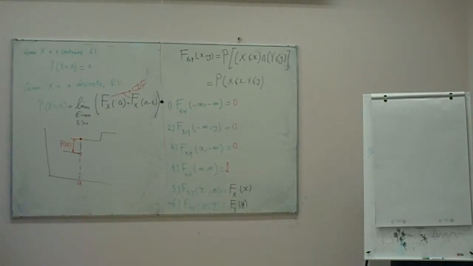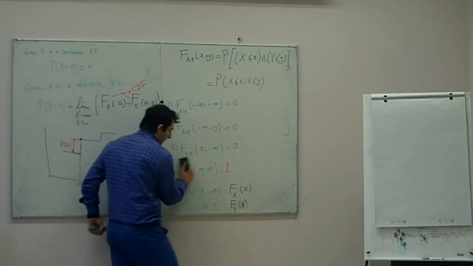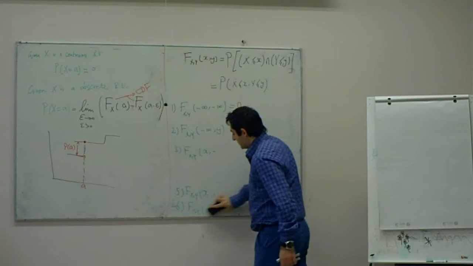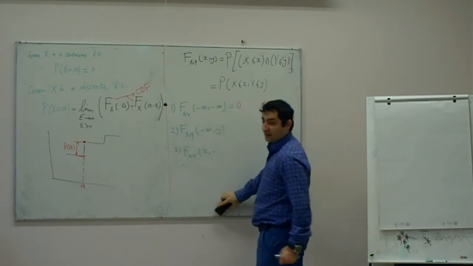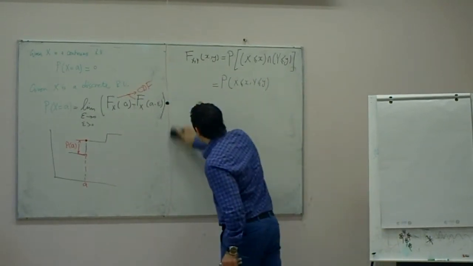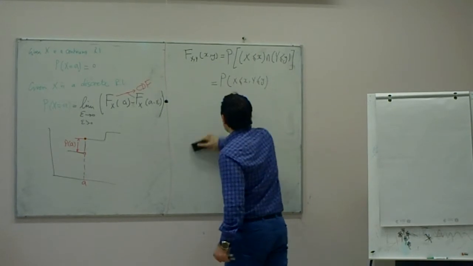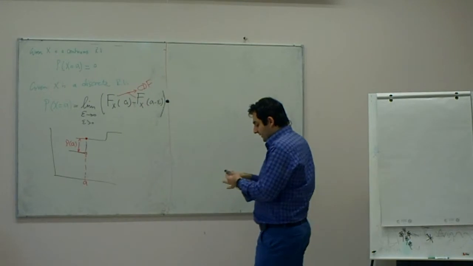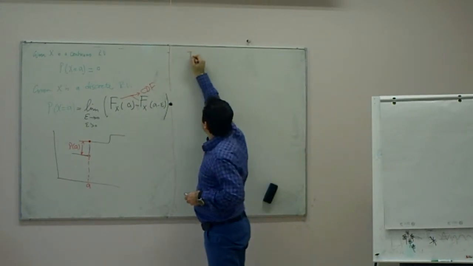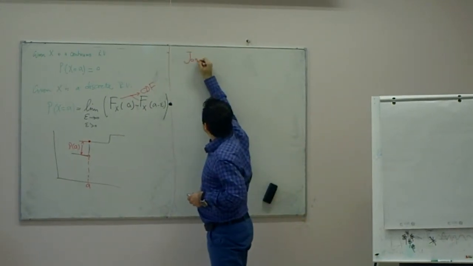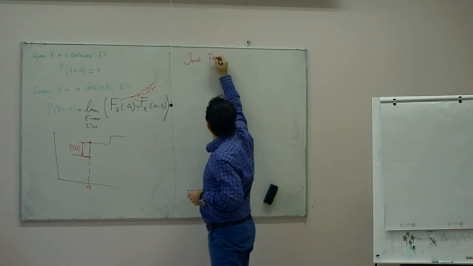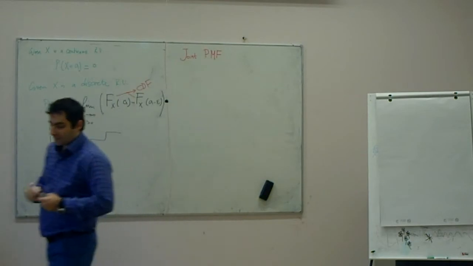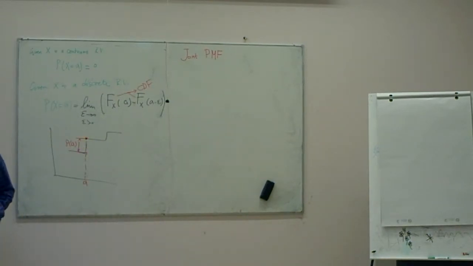Now, what we can have if the random variables are not continuous and are discrete, which in most of the cases in this course we are dealing with, because the computers are all digital, so all the random variables are discrete. So we have to talk about something which is called the joint probability mass function. So joint PMF.